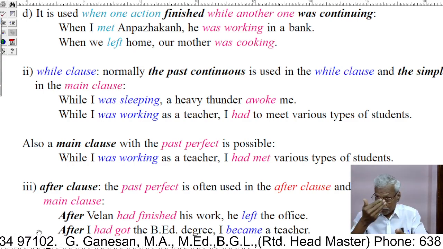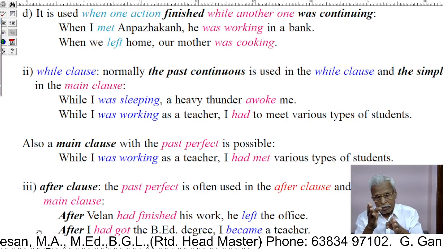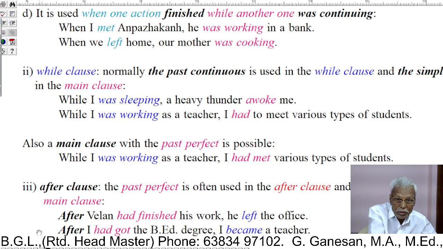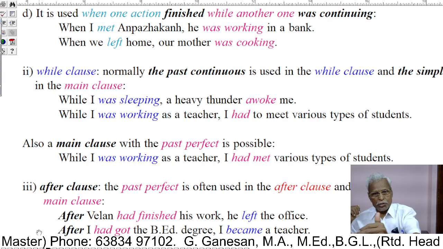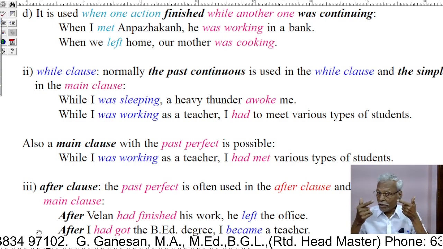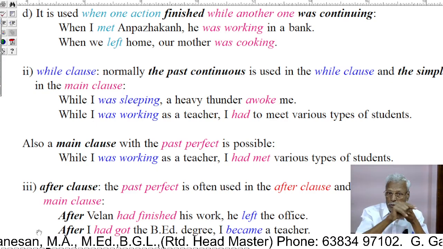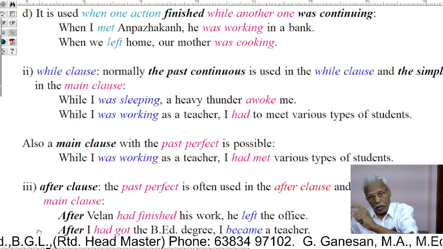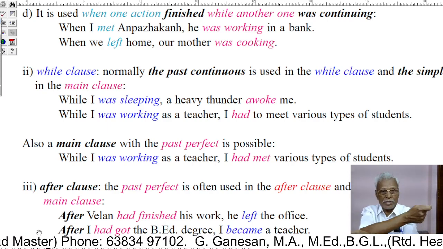But when we come to the use of while, the past continuing action is expressed using the while clause, and the simple past tense is used in the main clause. Regarding the when clause, the completed action is expressed using the when clause, and the continuing action is expressed using the main clause. In the while clause, the reverse is the case.